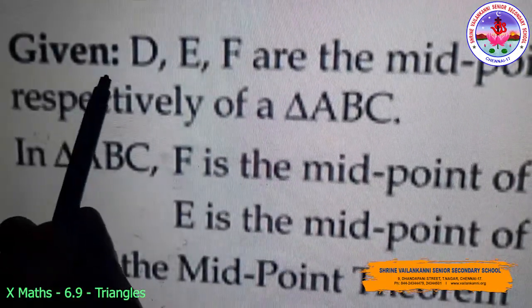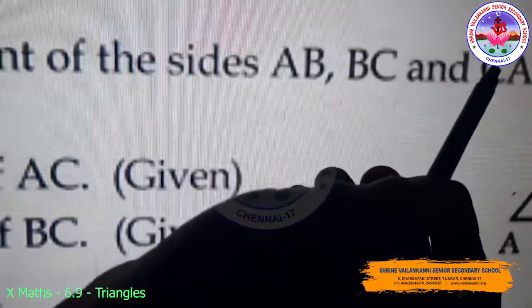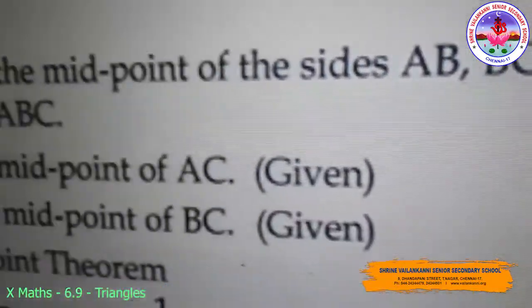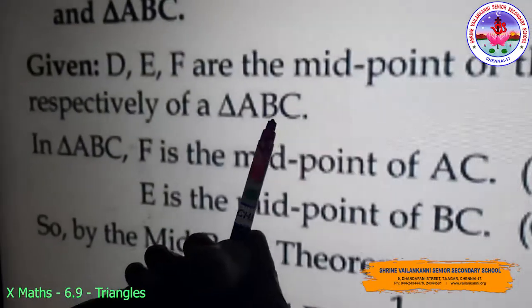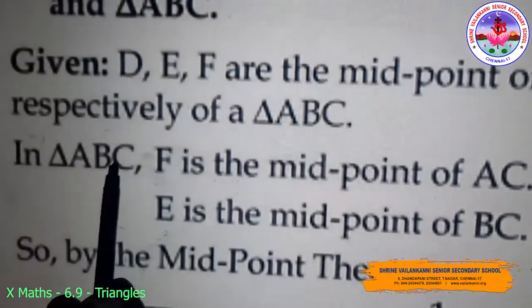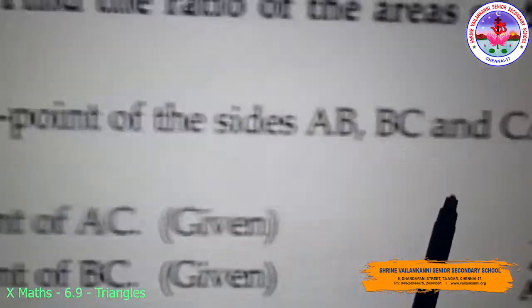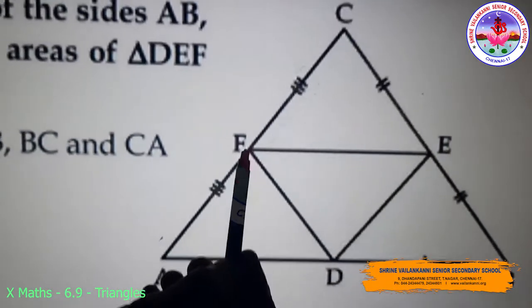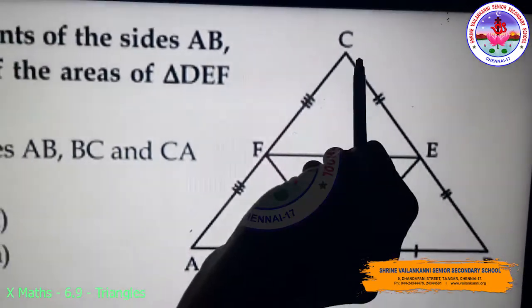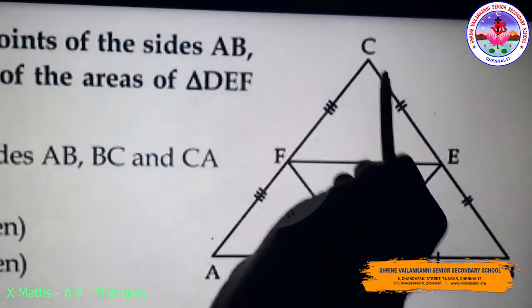Coming to the solution, D, E, F are the midpoints of the sides AB, BC and CA respectively of triangle ABC, and it is given that in triangle ABC, F is the midpoint of AC, E is the midpoint of BC. So coming to the figure, E and F are the midpoints of the sides AC and BC.